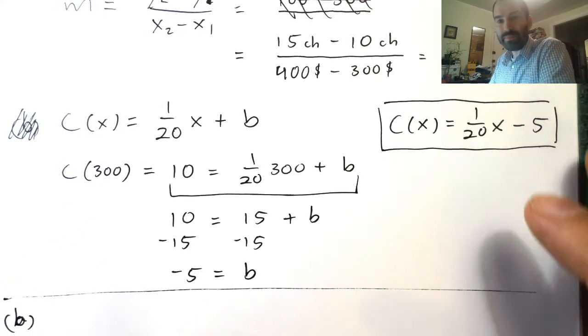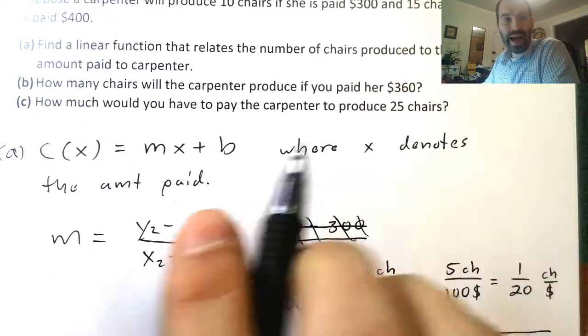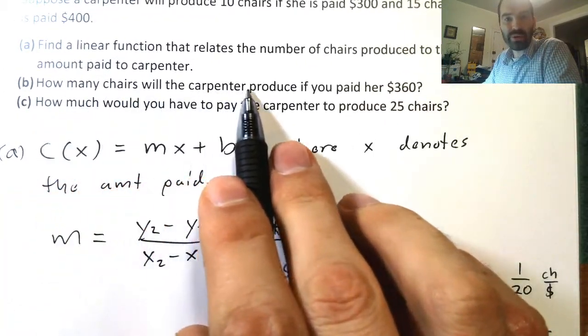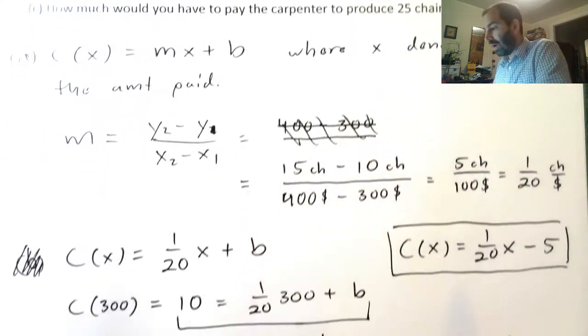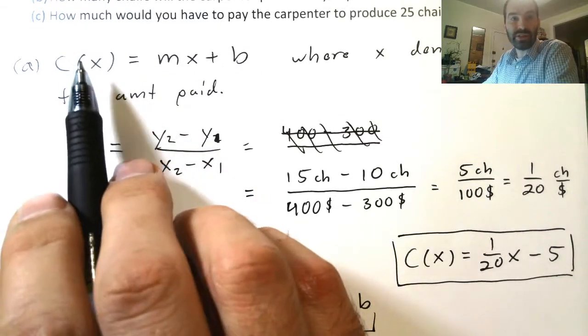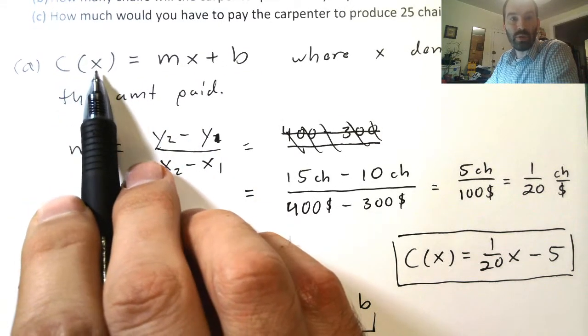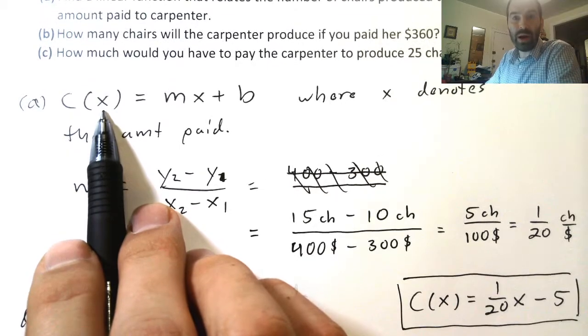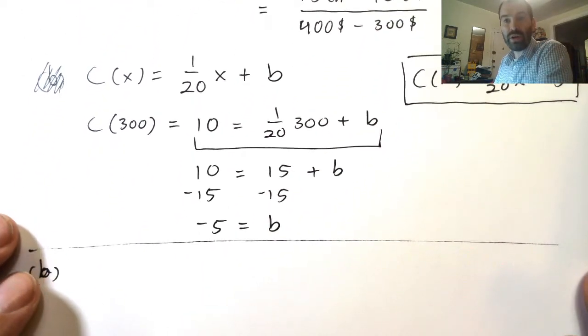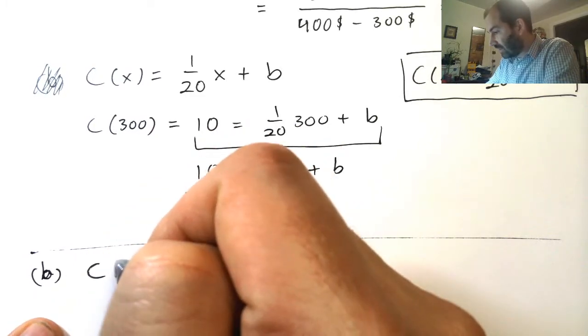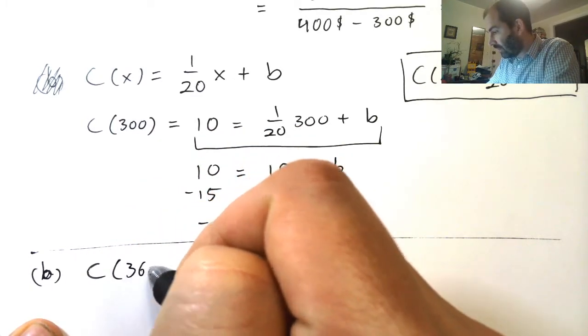Part B, what does it ask? How many chairs will the carpenter produce if you paid her 360 bucks? Remember what the function tells us: the number of chairs produced, where x is the amount paid. Now we're paying her 360, so the number of chairs produced is C of 360.